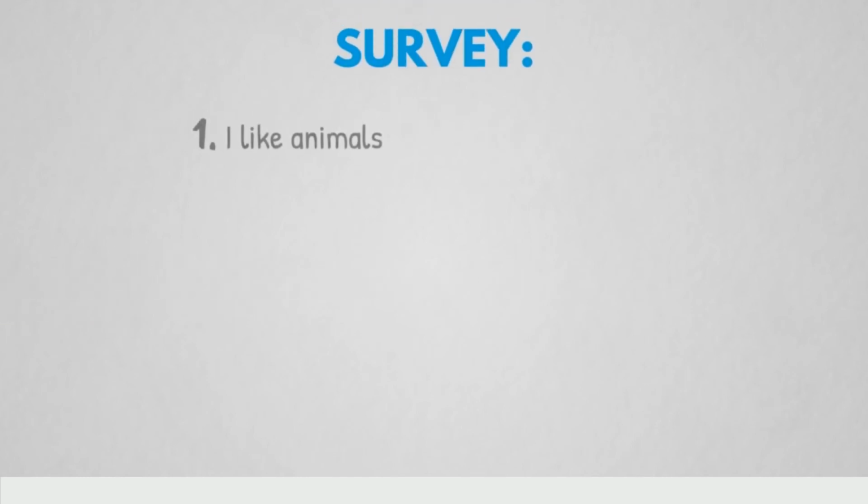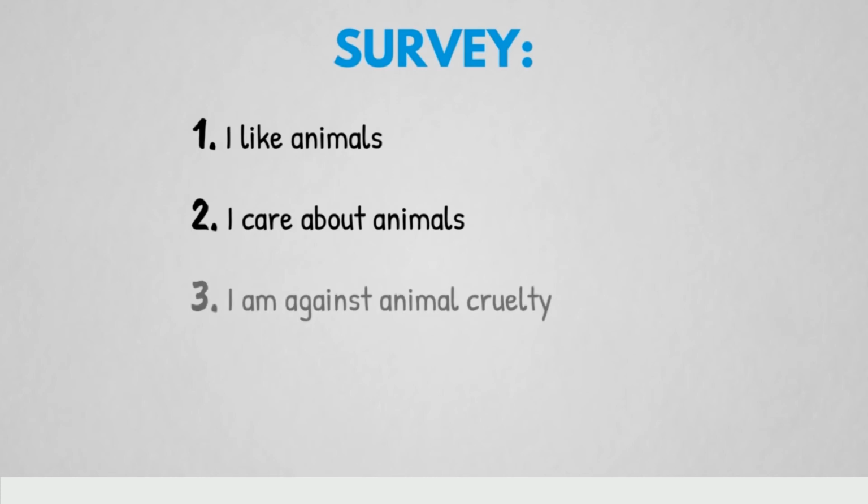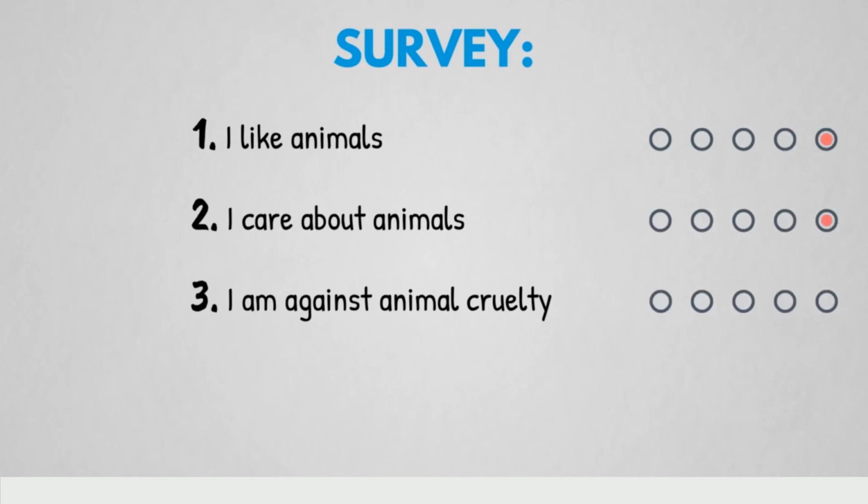On a scale from 1 to 5, how much do you agree with the following statements? 1. I like animals. 2. I care about animals. 3. I am against animal cruelty. People are likely to respond consistently to these three questions. That is, whoever marks 5 to the first question does the same for the second and third questions as well.